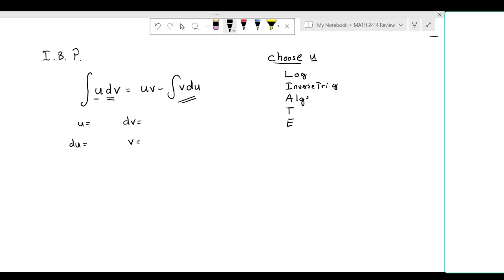And algebraic for A, and that just means polynomial stuff, maybe square roots, polynomials. T is for trig, and finally exponential. Okay, and this is the order of precedence for choosing your u. If you're using integration by parts, it doesn't always work, but I think it'll be sufficient for the exam.